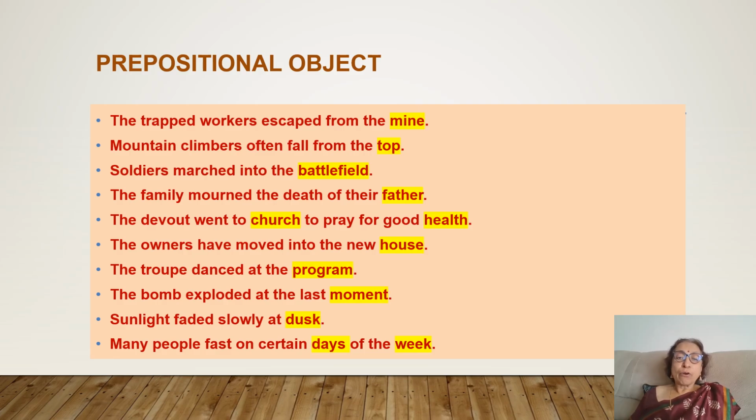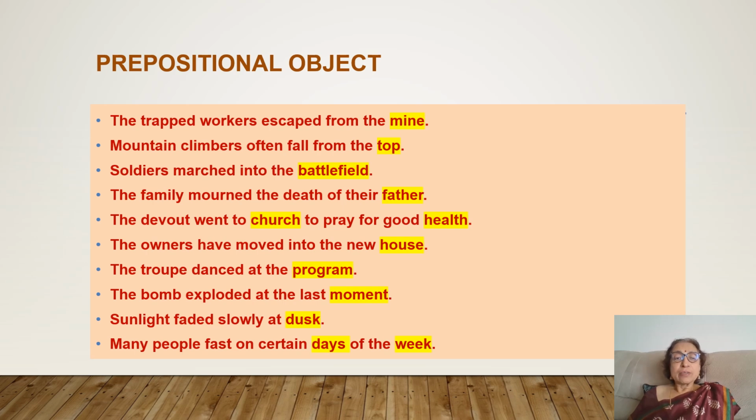Mountain climbers often fall. Complete sentence, no problem. Now you want to add some more information. You want to give from where do they fall? From the top. Top is the top of the mountain, and that is the noun. Here it functions as an object, but fall does not allow an object immediately.